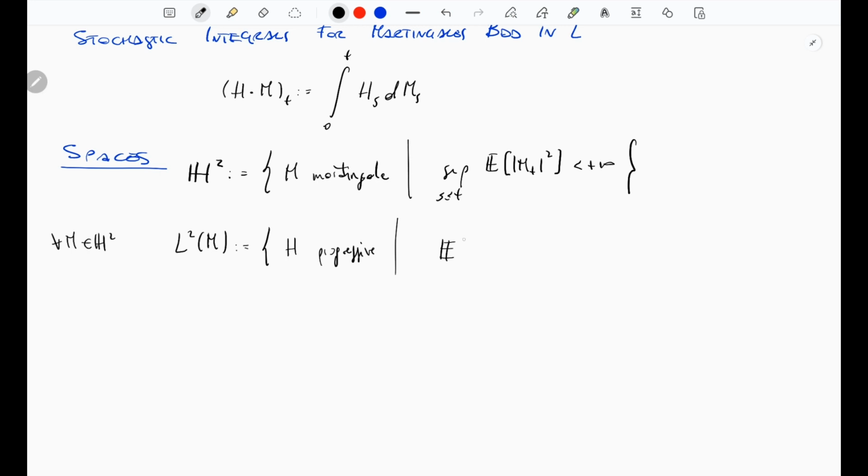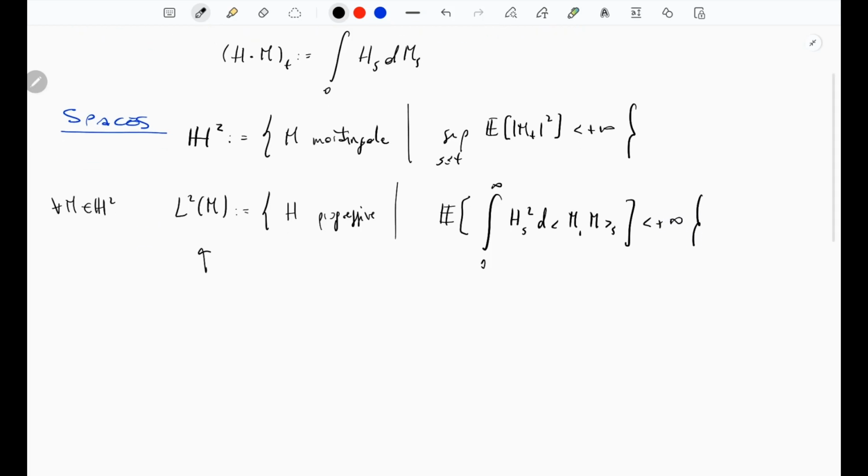The expectation, which is eventually going to be the L2 norm in this space, of the integral from 0 to infinity, you can also go up to t if you want, of the process squared against the quadratic variation, is finite.